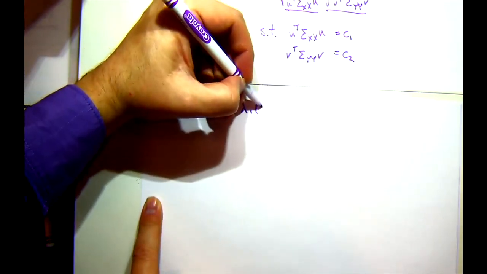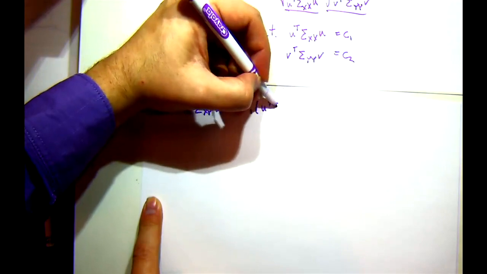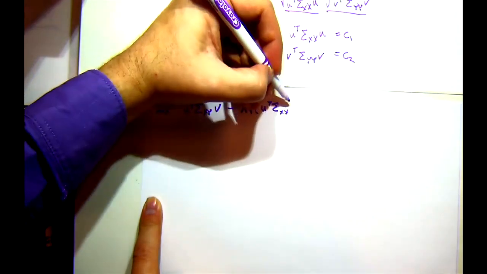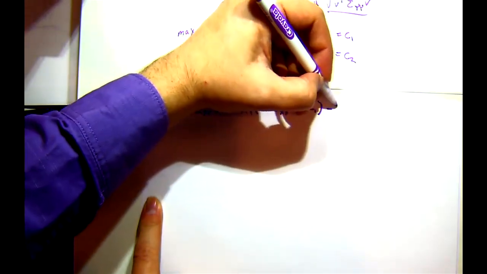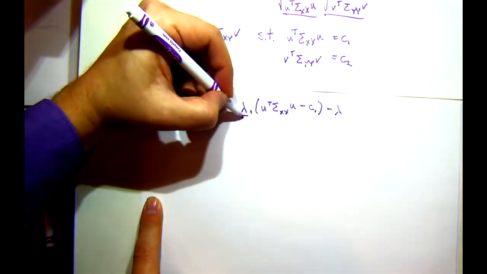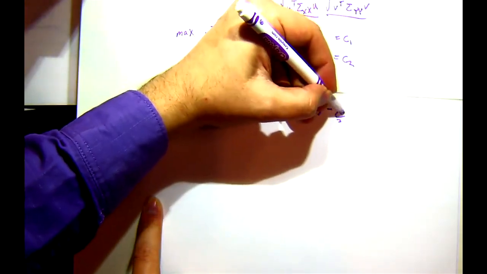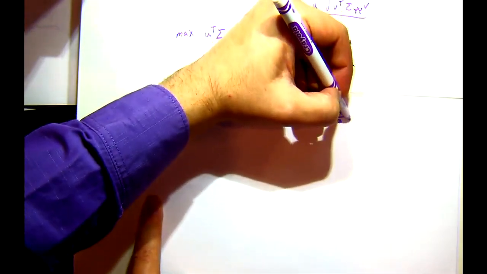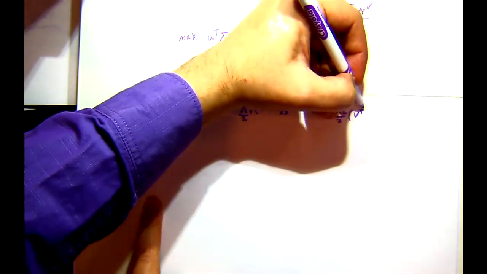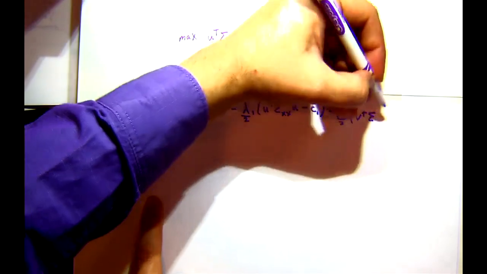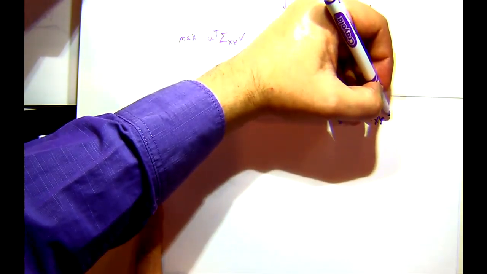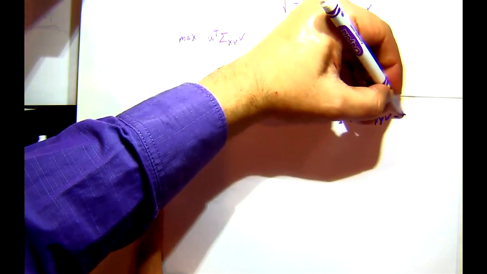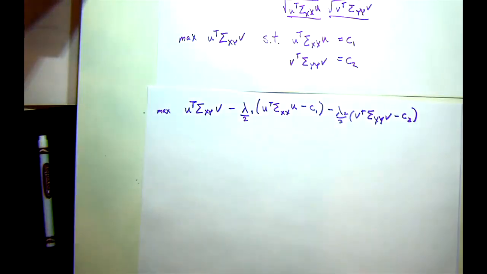We end up with U transpose sigma xx U minus C1, and these are over 2 just to make the math nice, V transpose sigma yy V minus C2. So that's what it comes out to be.